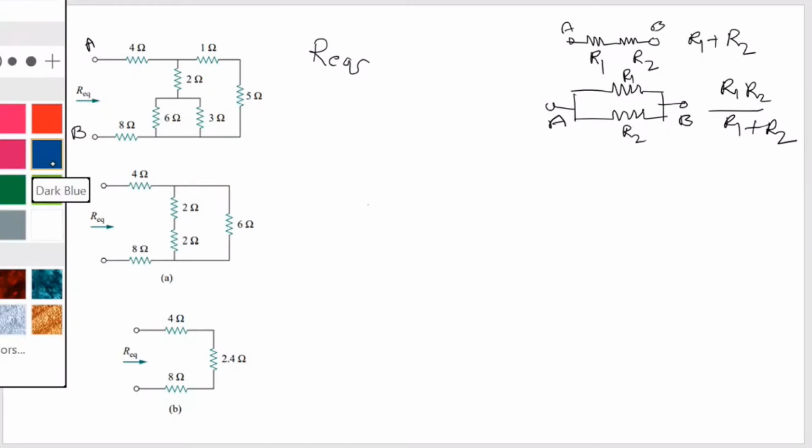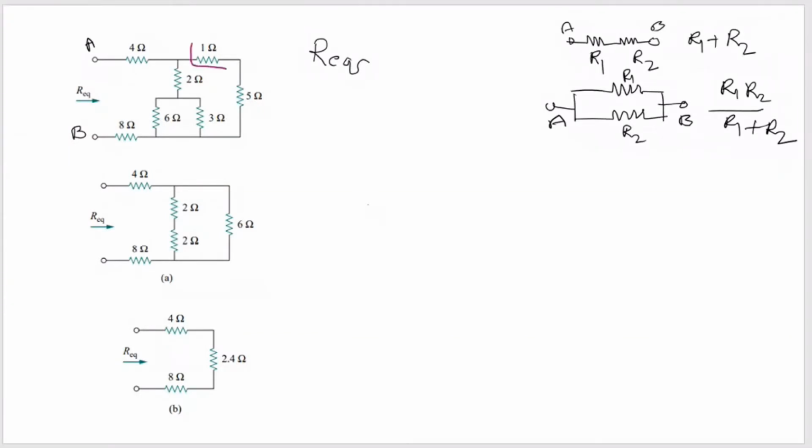So if you see here, the 1 ohm resistance and 5 ohm resistance are in series, right? So first you apply the series formula and simplify so that the two resistances become one value equivalent to 6 ohms, because it is 5 ohms plus 1 ohm.